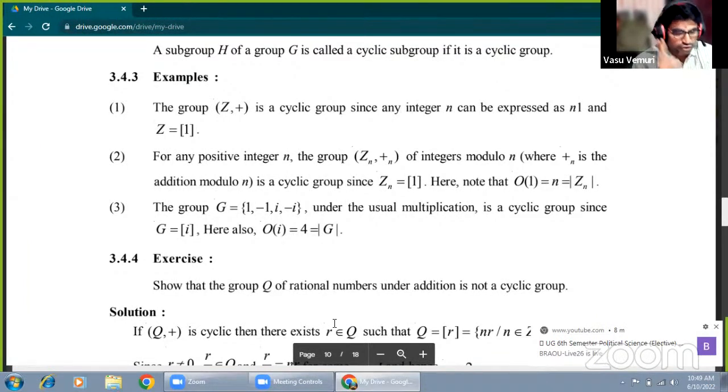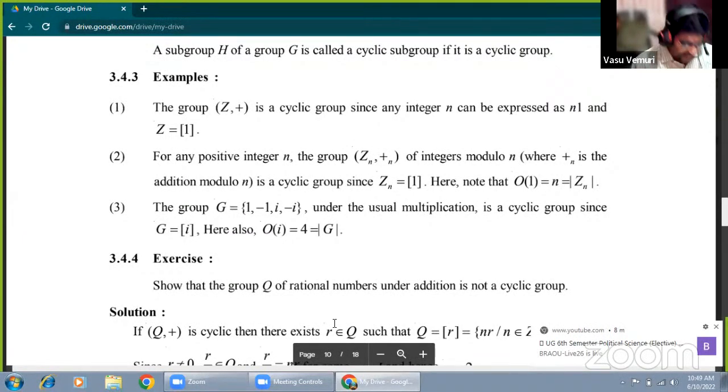Any time, there are only 2 generators in a cyclic group.